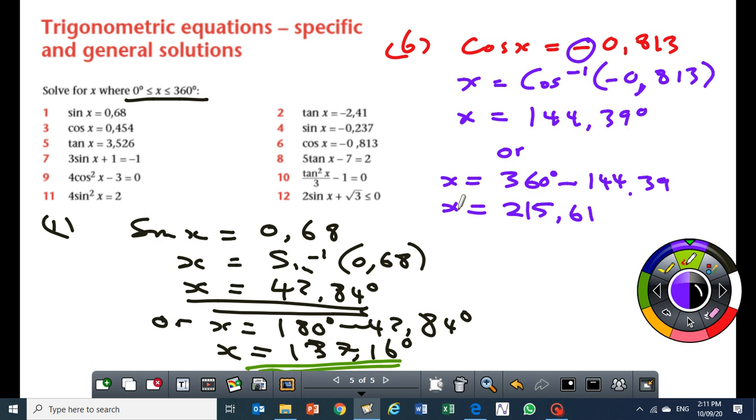This is not grade 11 yet. Which one? Number 10? Let's do number 8. Okay, number 10, let's do number 10. If I do number 10, you should be able to do number 8. Right, number 10 is tan squared x over 3 minus 1.